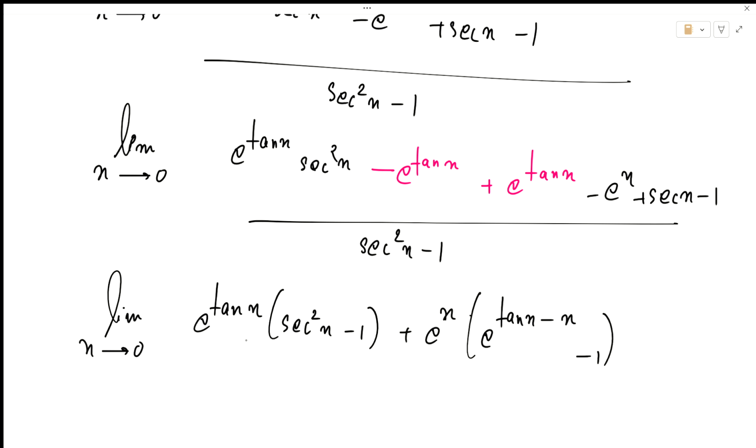And you split it, with sec square x minus 1 on the bottom. You just split this individually, and upon sec square x minus 1 again.